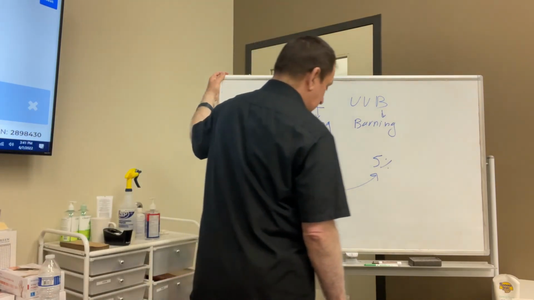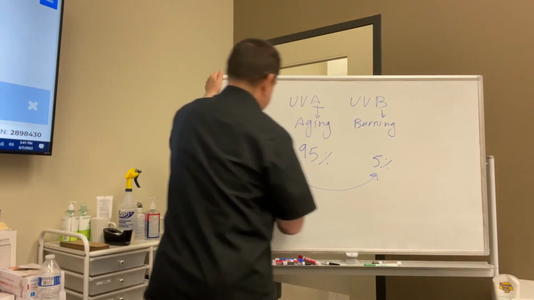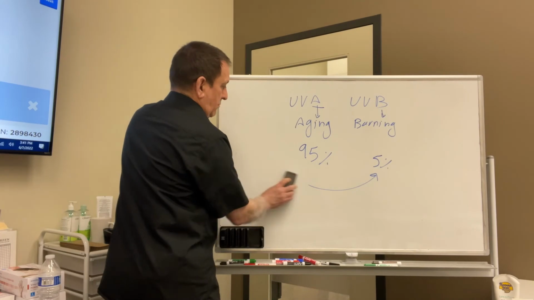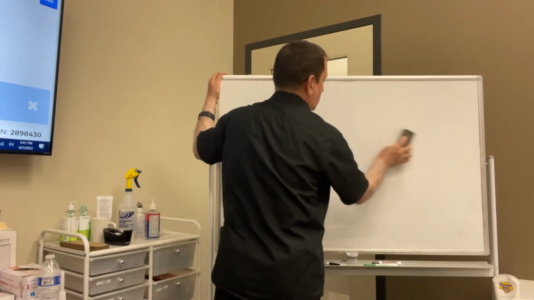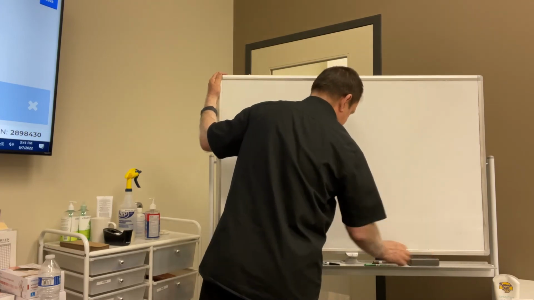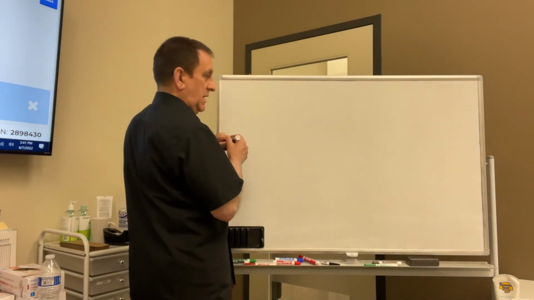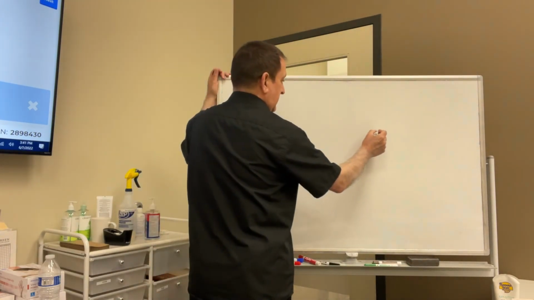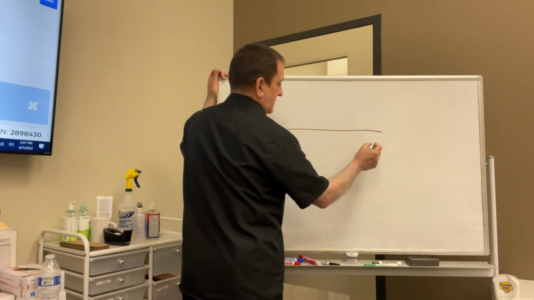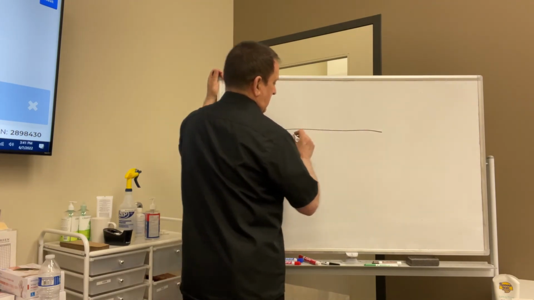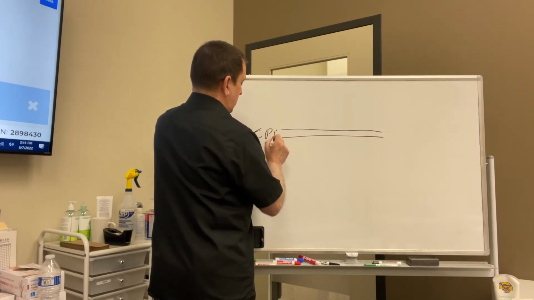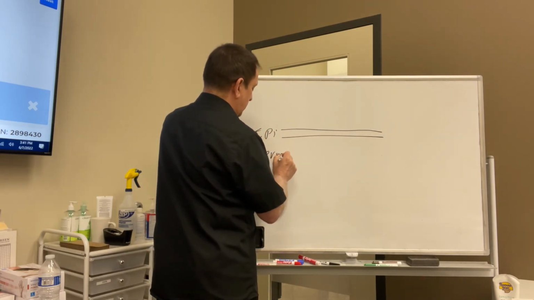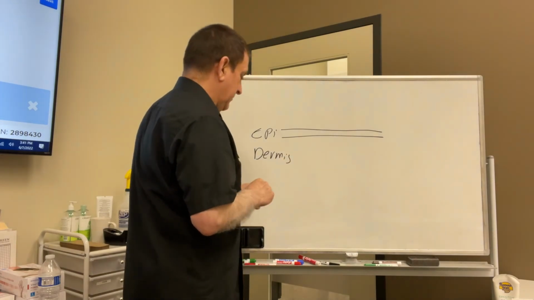Why does UVA cause aging, ladies? Why does UVA cause aging and UVB does not? If this is the skin, this is the epidermis. This is the dermis.